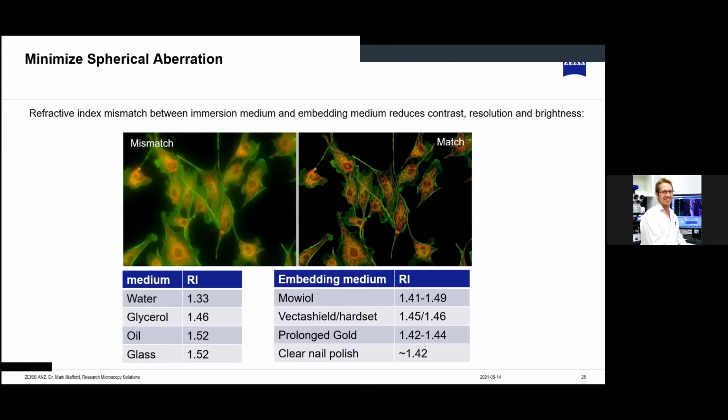Minimizing spherical aberration is also an important consideration, both for fixed tissue and live cell. You can get a refractive index mismatch between your immersion medium and your embedding medium. This can reduce contrast, resolution, and brightness. So by getting those things as close as possible, you can again increase your light efficiency and get better imaging quality.